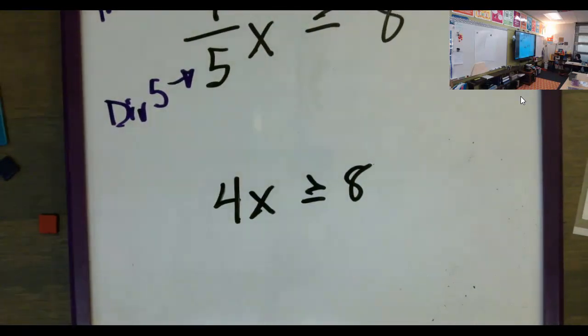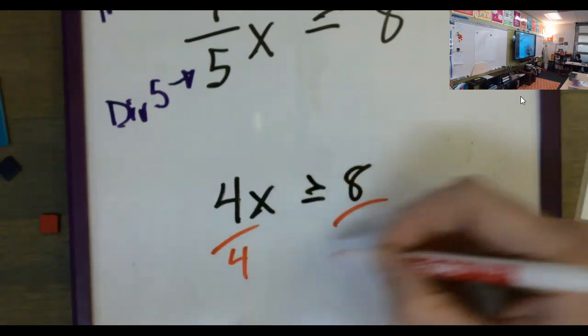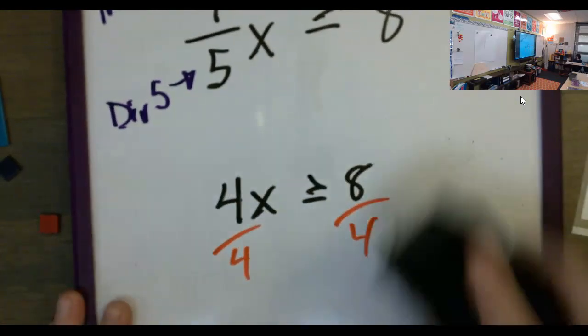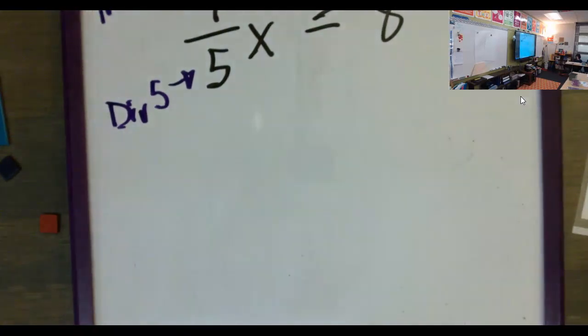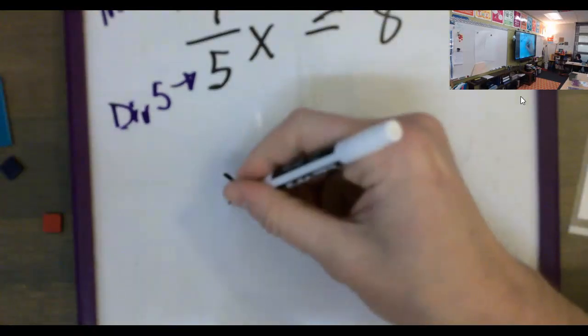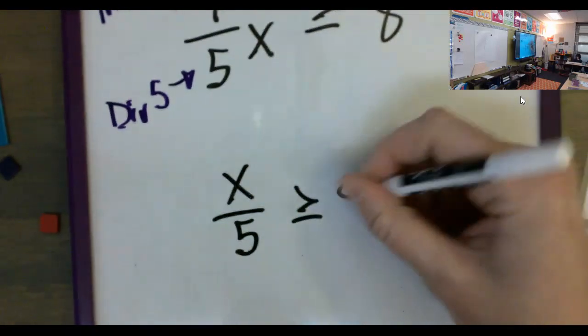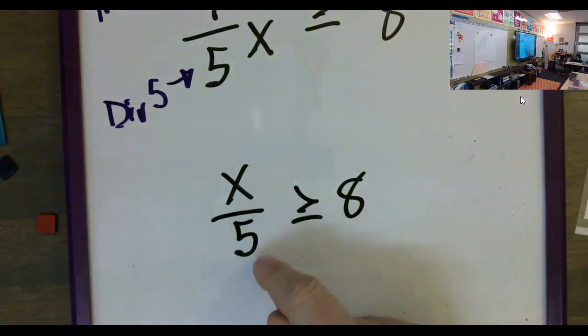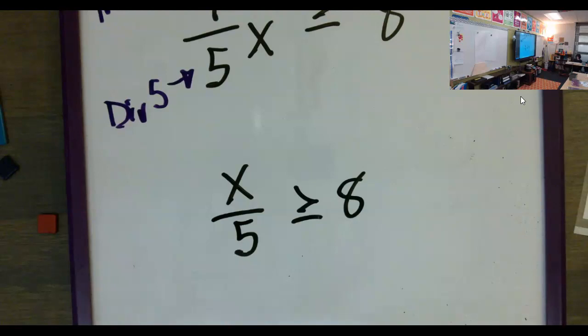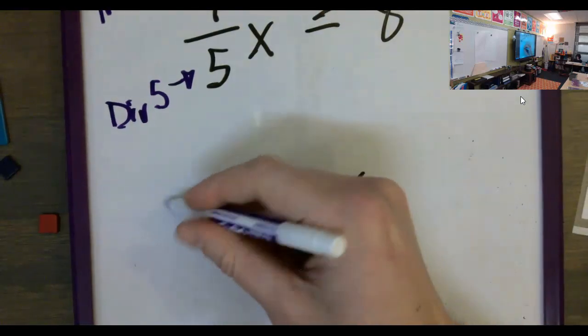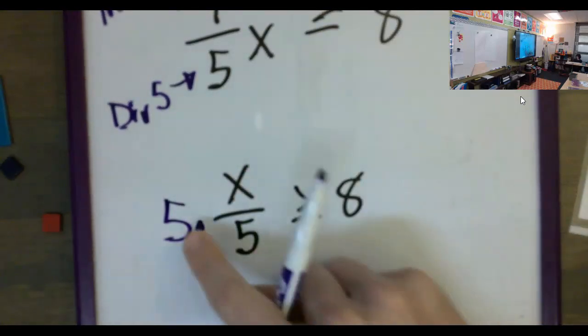Divide by 4, right? We would divide by 4 on both sides. If you had x divided by 5 compared to 8, how could you undo division by 5? Multiply by 5, right? And that'll undo the division by 5.